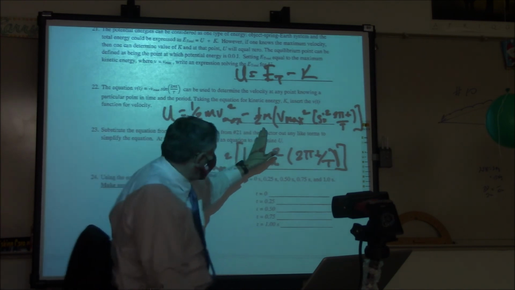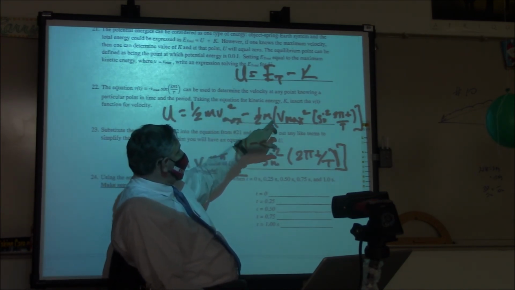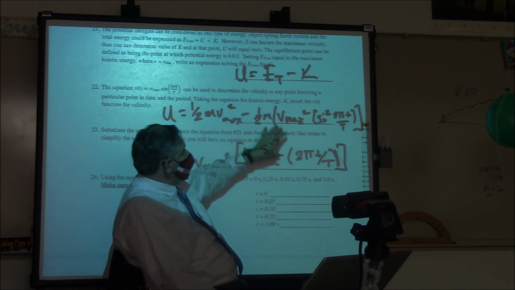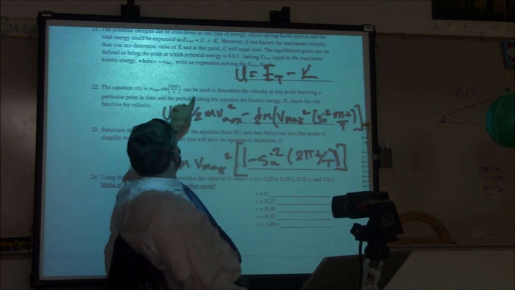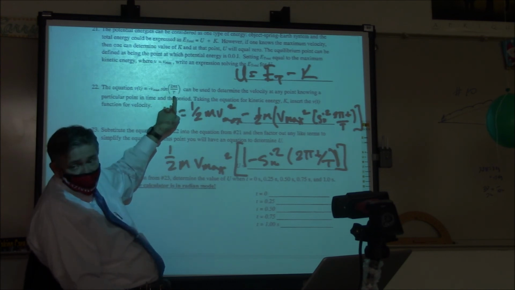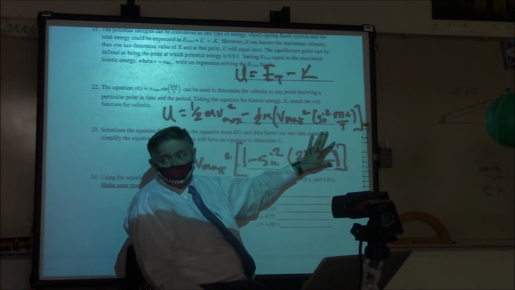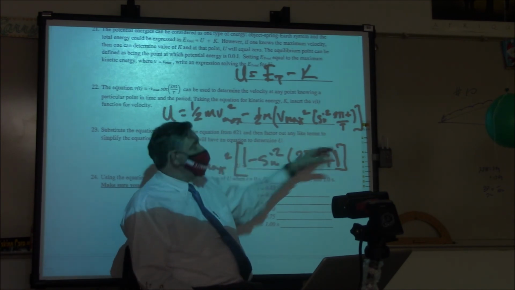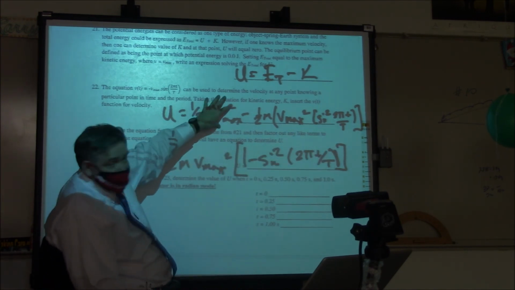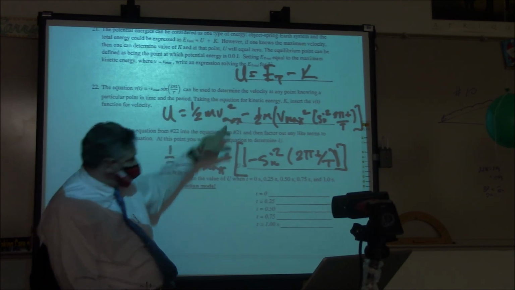Now, all I did here was that I said, okay, that's going to equal 1/2 m, and then I took this right here, v max sine 2 pi t over T, and I squared that and put that in here for the velocity. Okay? So your v max is going to be a fixed value. This is going to be this 1.6 meters per second.